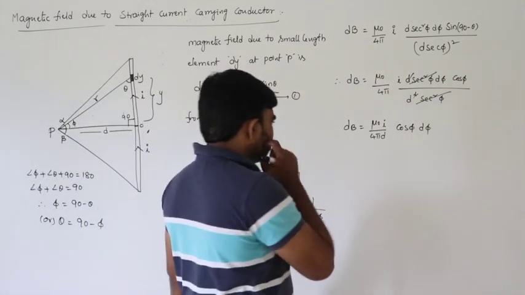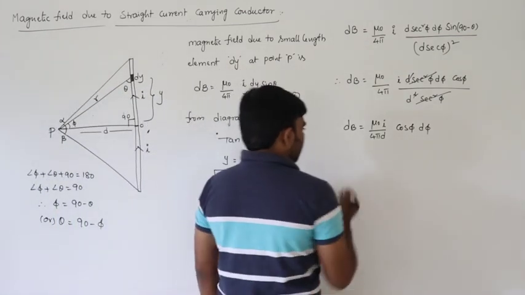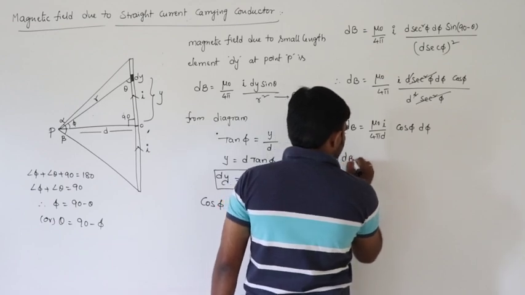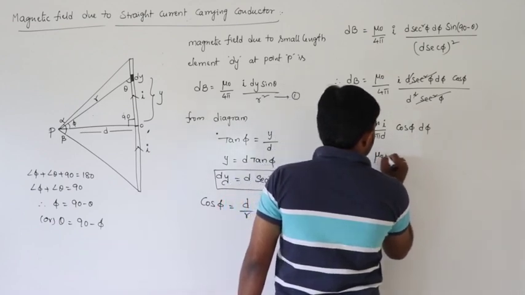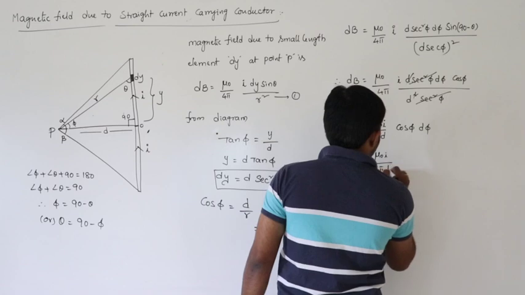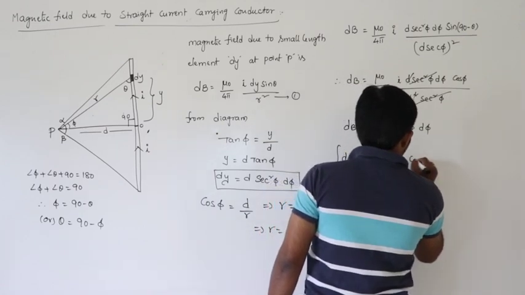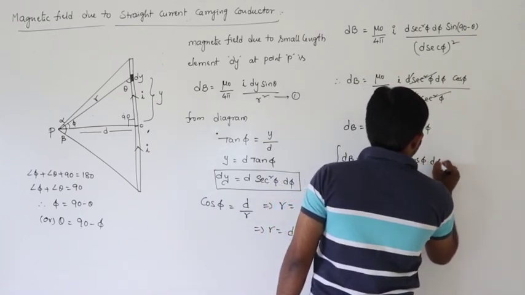Next, integrating on both sides, the total magnetic field B is equal to μ0 I by 4π d into the integral of cos φ dφ.